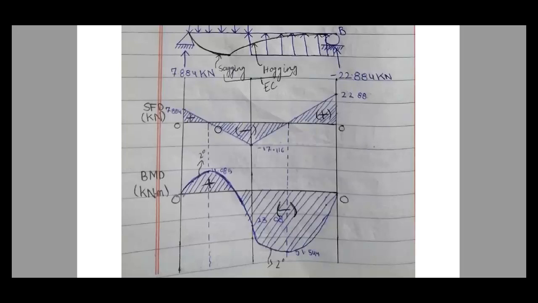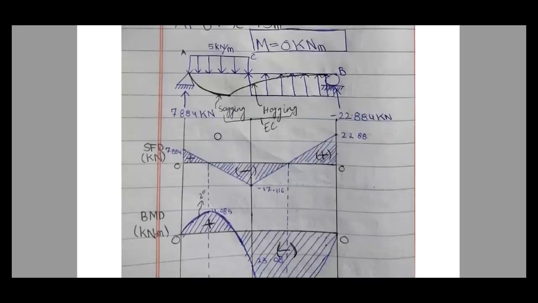First we need to calculate the location of these points, and there are two ways to calculate the location of these two 0 shear points. First way is we can consider similar triangles, so you can consider this triangle and this triangle, and the second way is that you can put the equation of shear force for portion AC equal to 0, and that will give you the location of X.